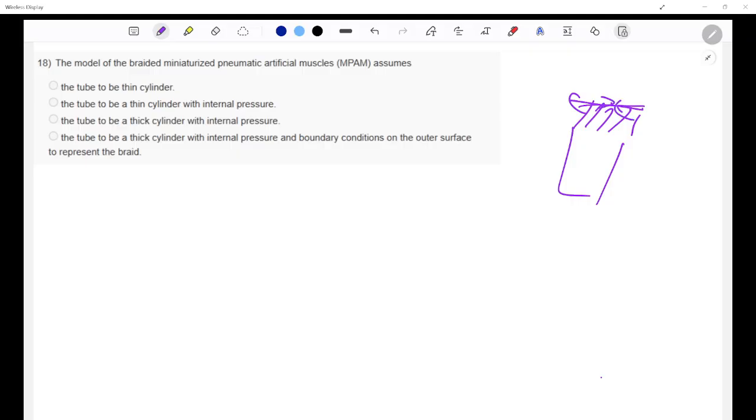So why is the tube modeled as a thick cylinder? The tube wall has finite thickness. Thus the stress distribution is analyzed using thick-walled cylinder theory. In class we know sigma r and sigma theta, where this is the radial stress and this is the hoop stress.